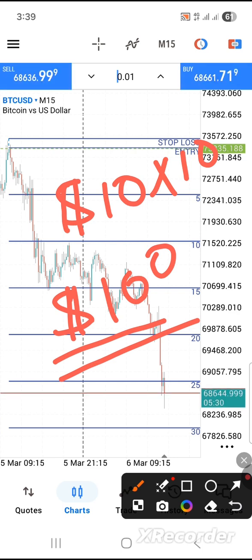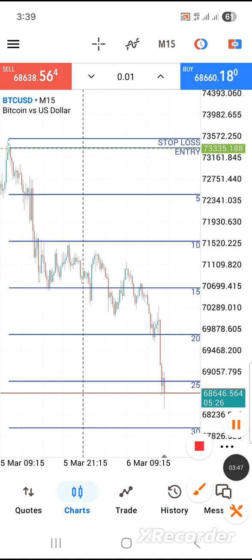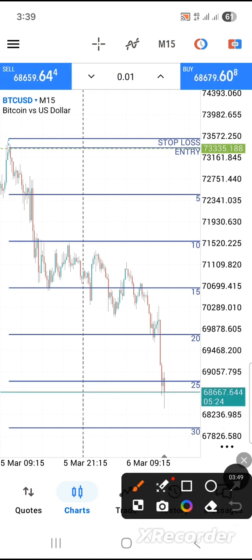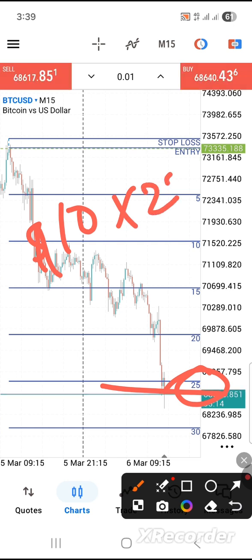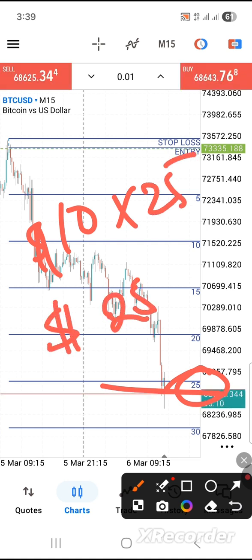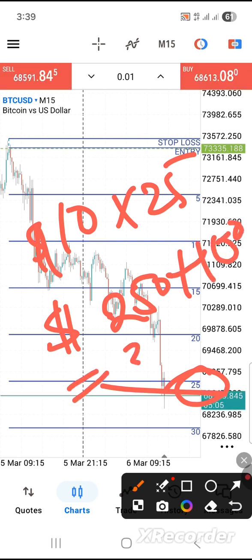The remaining $10 right now, if you look at the way the market is going, has reached a reward of 25. So the remaining $10 is now times 25. If you close the market now, you already have 250 plus 100, so now you already have $350.